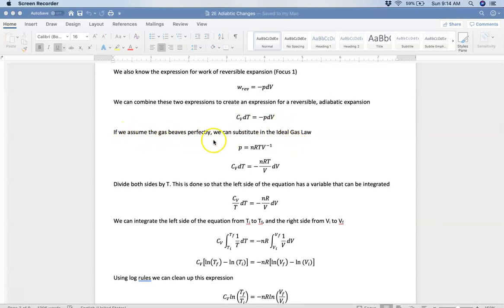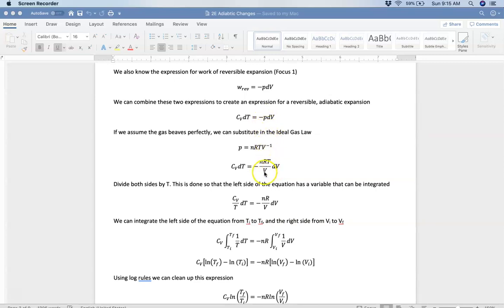So if we assume the gas behaves perfectly, here we have the P, and we can substitute in the ideal gas law. Nothing happens to the left-hand side of the equation, but now our P is equal to nRT over V. The reason we want to do that is because we have this infinitesimal dV here, and we need to have volume here to actually calculate the integral.